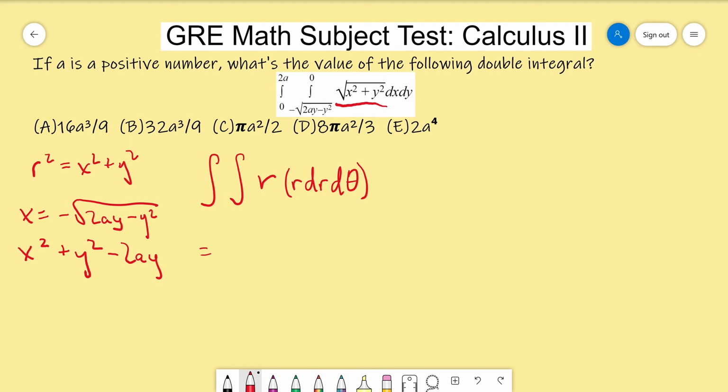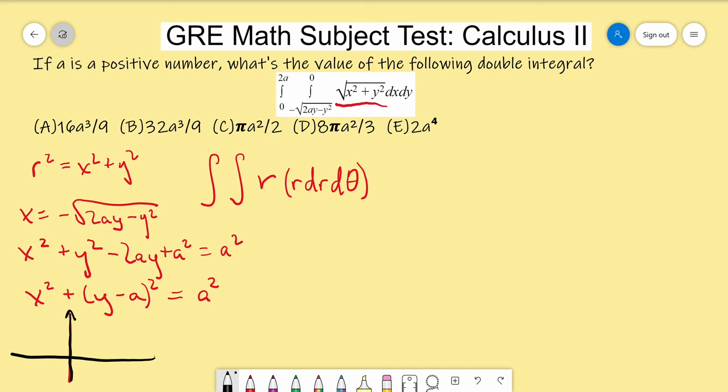But I'm going to complete the square here. If I add a squared to both sides, then this becomes x squared plus (y minus a) squared equals a squared. And this is just the equation of the circle whose center is at x, y equals 0, a, and which has a radius of a.